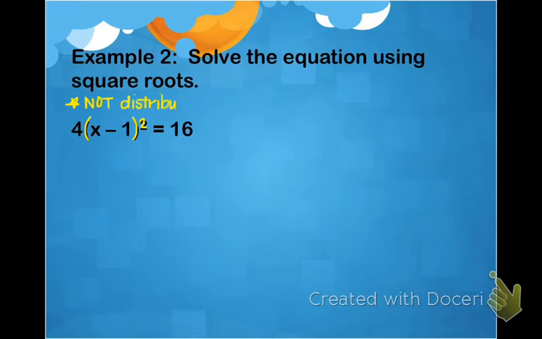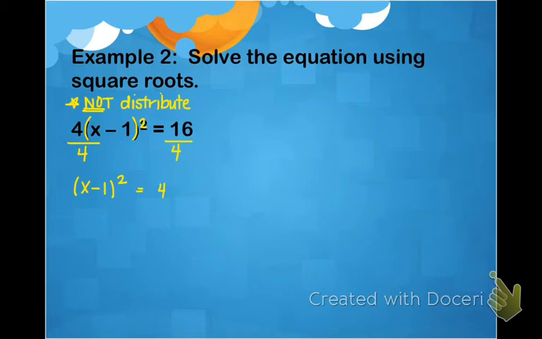Just like when it was absolute value, just like when we were doing the transformations, you are not allowed to distribute that 4. So how do I get rid of it? Well, distributing is multiplication. So if I want to undo multiplication, we use division. And so I get x minus 1 quantity squared equals 4.